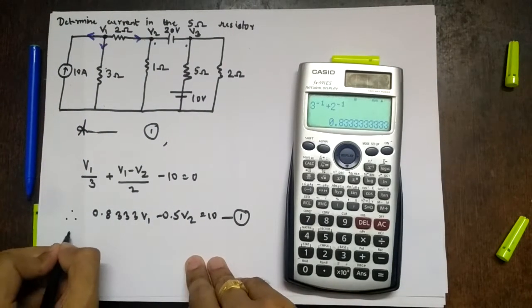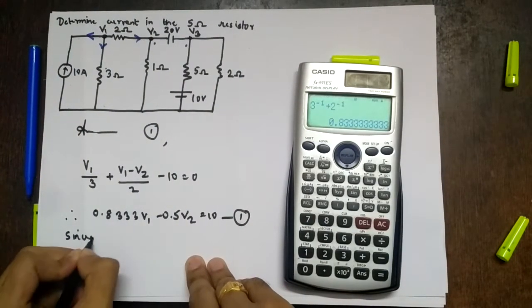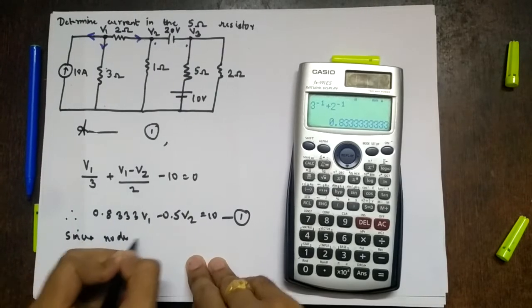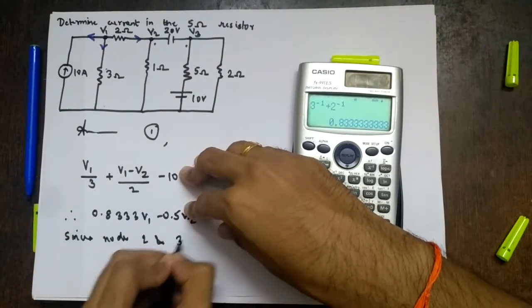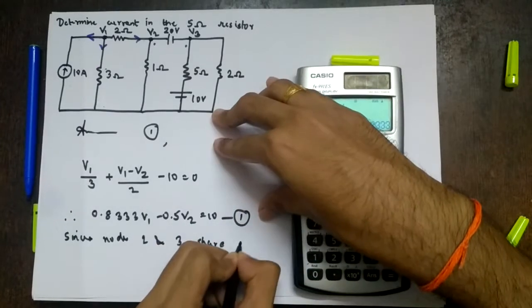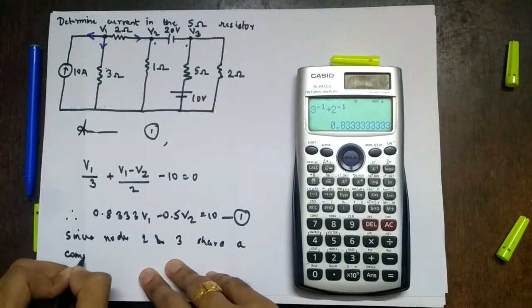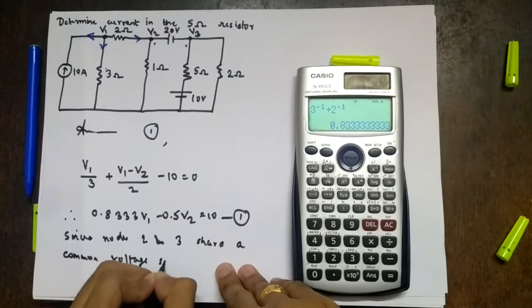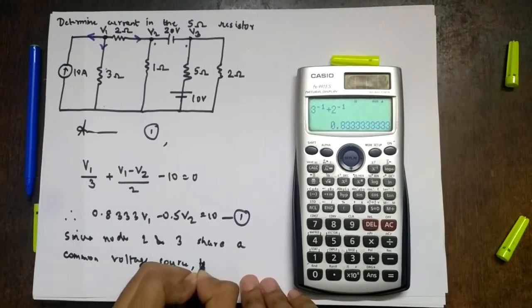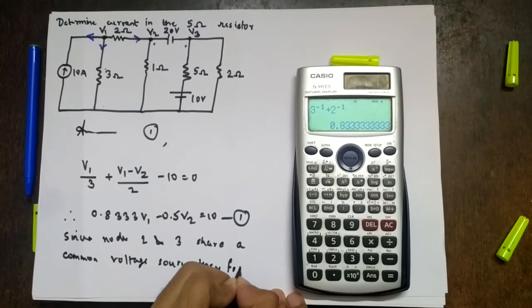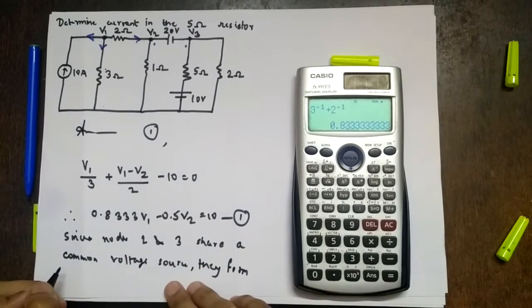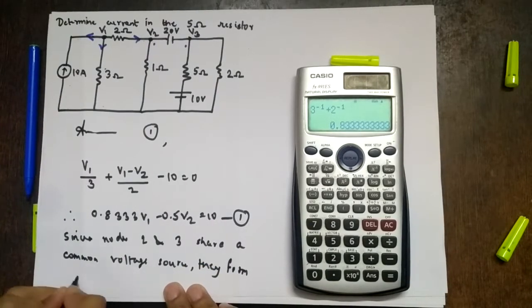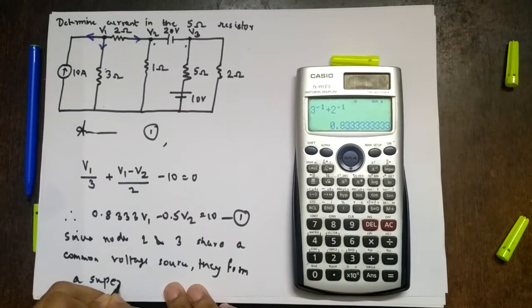Then same as supermesh, we'll write: since nodes 2 and 3 share a common voltage source, they form a supernode.